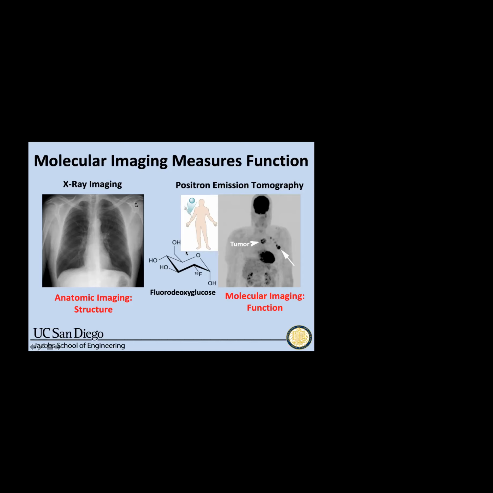So here, we've created this radio-labeled glucose analog. This is just like glucose, except that we've put this fluorine-18 on it. This fluorine-18 is going to emit gamma irradiation, and these high energy gamma rays are then detected with a positron emission tomography system, and we're creating this kind of image.